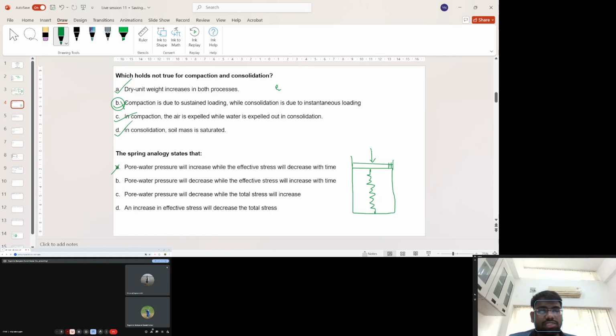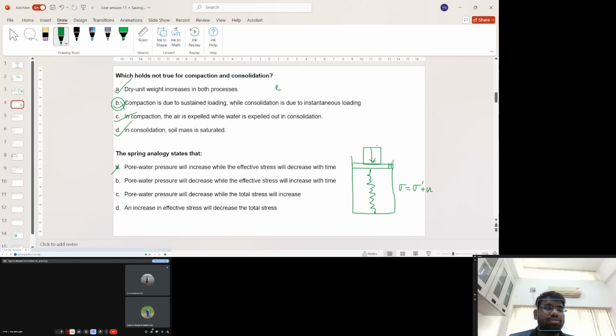Now the total stress which you apply is the interplay: sigma total is equal to sigma dash plus pore water pressure. The total stress is the stress which you apply. The primary condition is that this load which you apply should remain sustained.